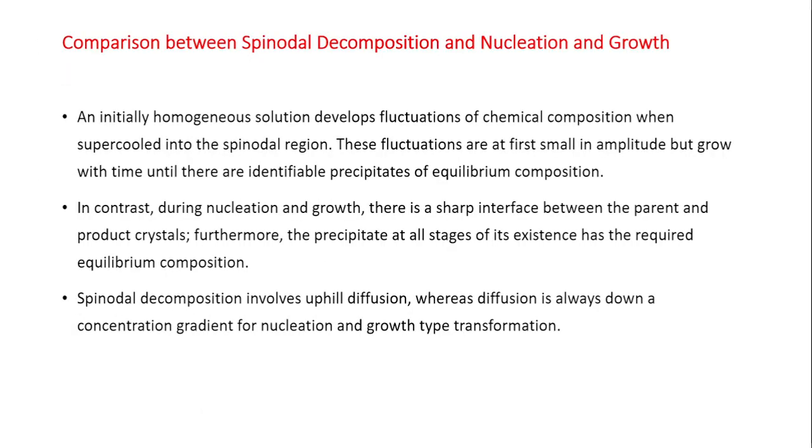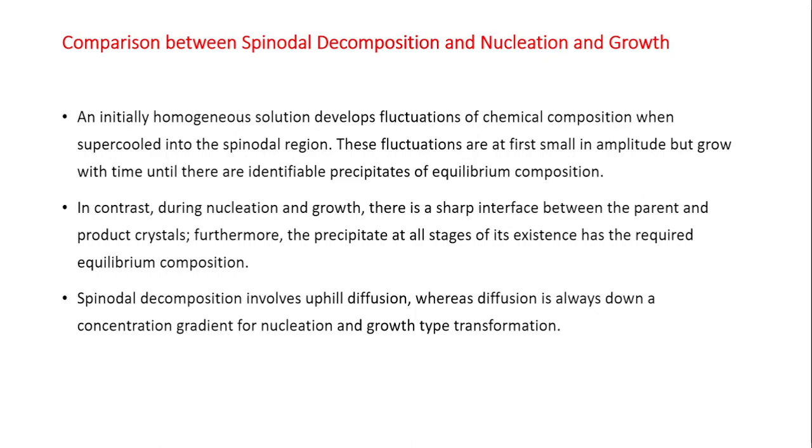The comparison between spinodal decomposition and nucleation and growth. An initially homogeneous solution develops fluctuations of chemical composition when supercooled into the spinodal region. These fluctuations are at first small in amplitude but grow with time until there are identifiable precipitates of equilibrium composition.